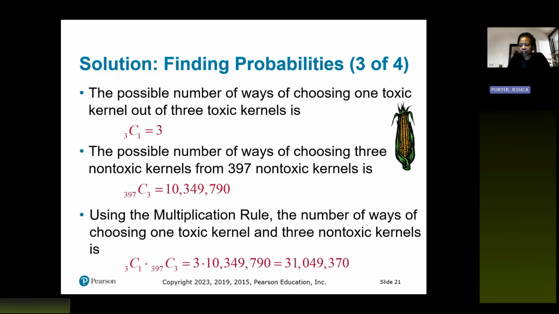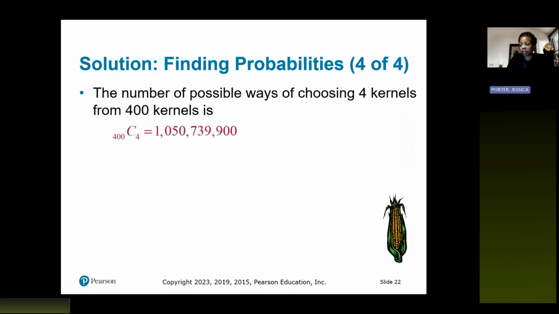We'll finish this one out. So then, is this it? We haven't even gotten to the probability part yet. Using the multiplication rule, the number of ways of choosing 1 toxic kernel and 3 non-toxic kernels is given here. This is the 31,049,370. Now, we need to figure out the total.